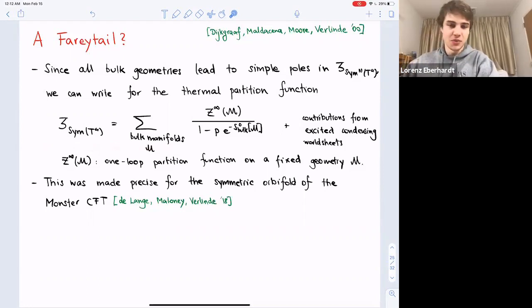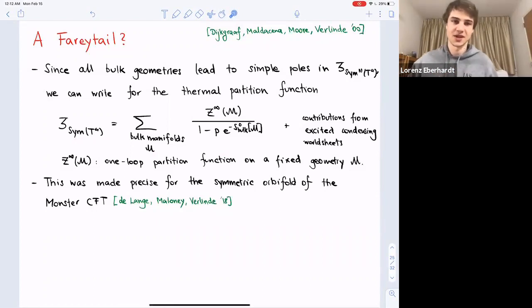But there is one toy example where this was made more precise, namely if you take this funny symmetric orbifold of the monster CFT, which is a holomorphic CFT. So everything is holomorphic and becomes much nicer. And you can express all these sums in terms of J functions. And there you can really see that all the poles correspond to some black holes, and you can do the sum over all the poles and recover the symmetric orbifold partition function.